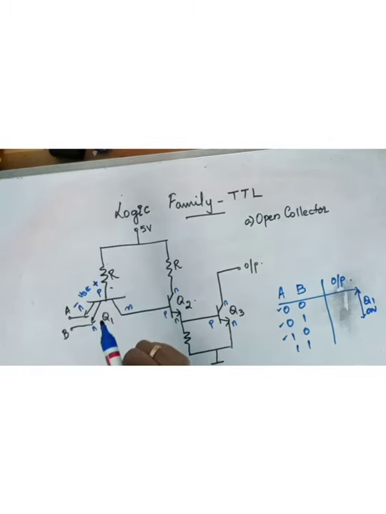And for an NPN transistor, if this transistor is on, then the voltage at the collector will be low.